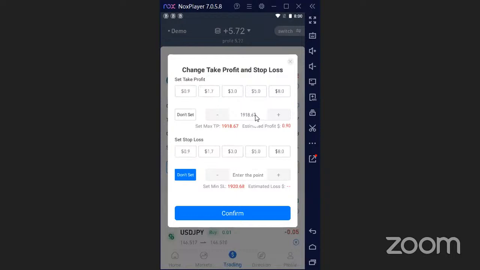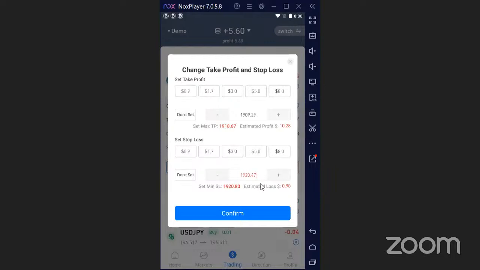Take for example right now, if you have the screenshot, our take profit is 1909.29. And our stop loss, I just clicked on this plus sign here, and I'm able to edit the numbers in here.